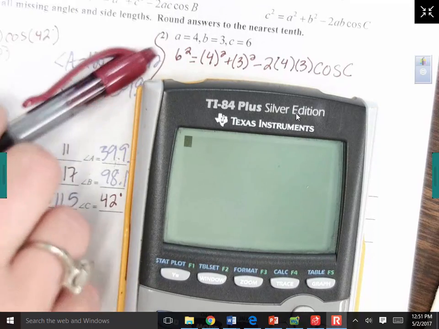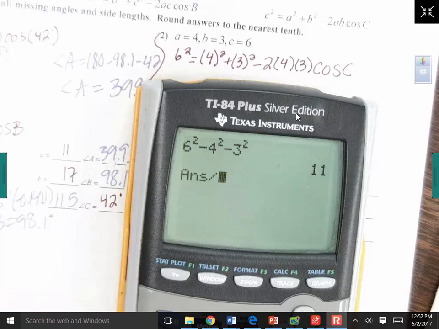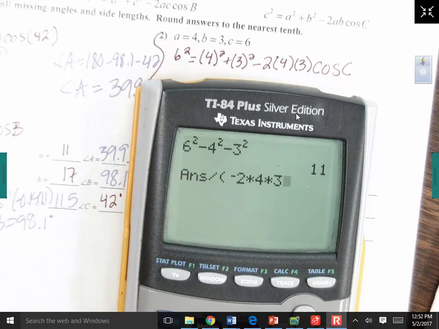That's a 6, not a B. So 6 squared minus 4 squared minus 3 squared. Enter. Now divided by, what do I press next, Patricia? Before that, parentheses.